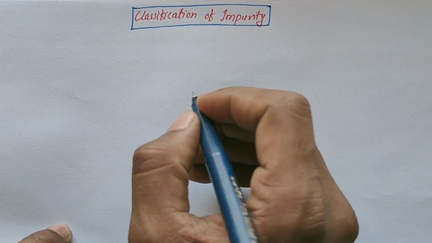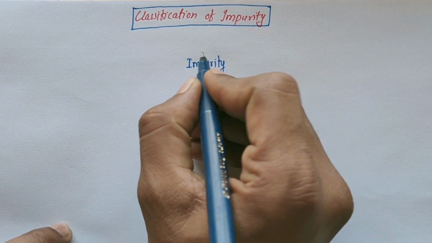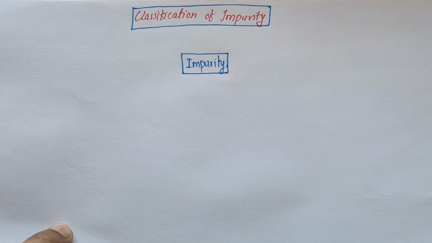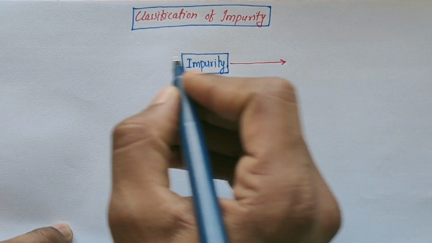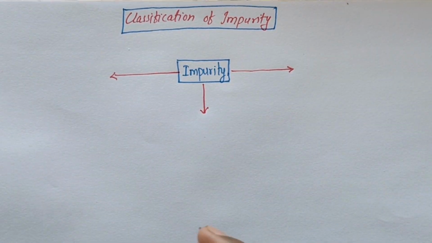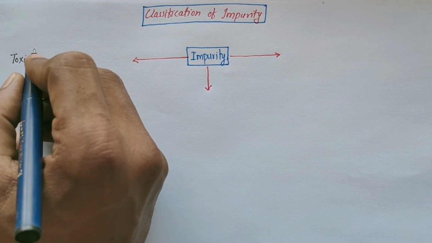Now we will see the classification of impurities based upon their toxicity. Impurities are basically classified into three groups based upon their toxicity. The first class is toxic or harmful impurities.